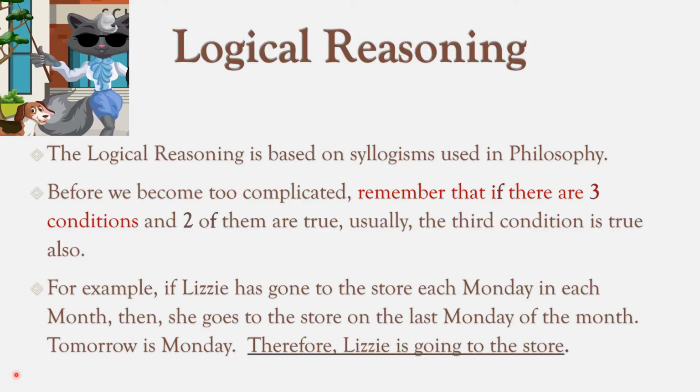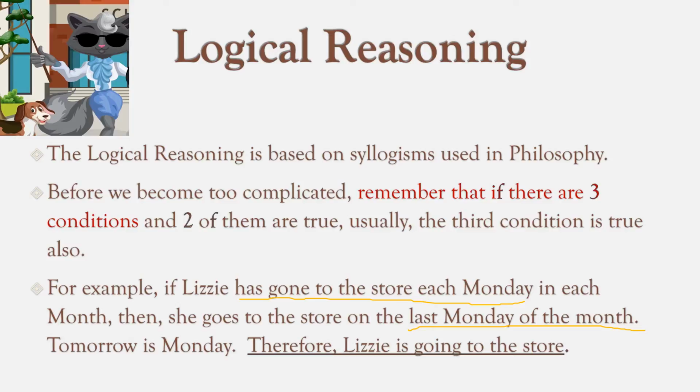For example, if Lizzie has gone to the store each Monday in each month, then she goes to the store on the last Monday of the month. Tomorrow is Monday, therefore Lizzie is going to the store.